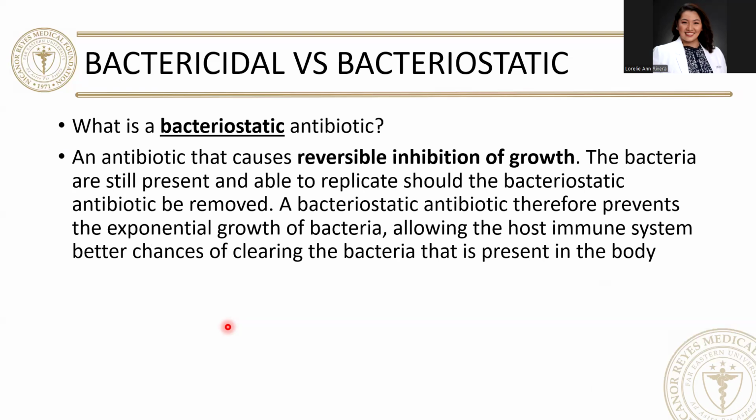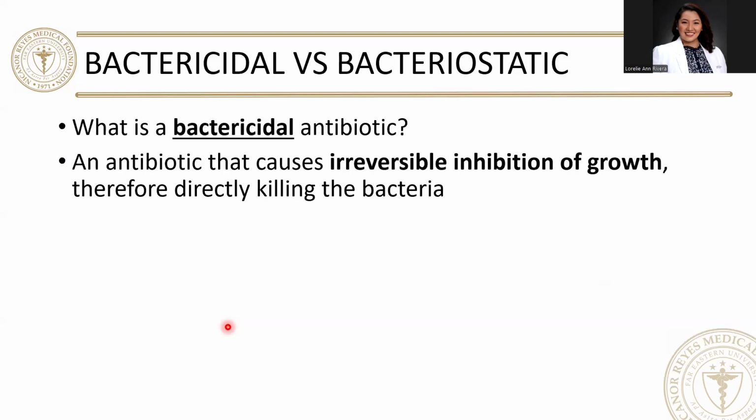When you say bacteriostatic, you still need your immune system to fight off the microorganism. It will just prevent the exponential growth of the bacteria. As compared with bactericidal, which is irreversible inhibition of growth, therefore directly killing your bacteria. That means even without much help from your immune system, it works. So that is your bactericidal antibiotic.